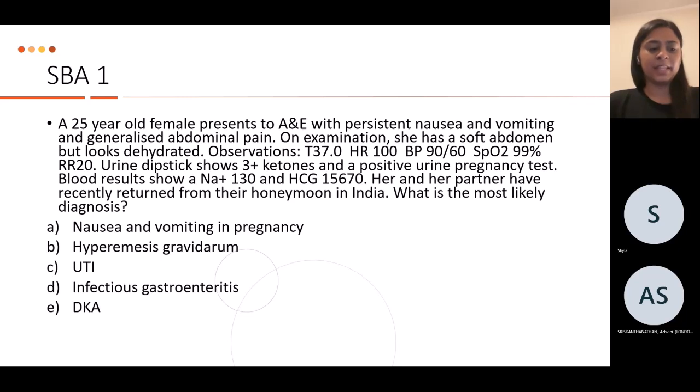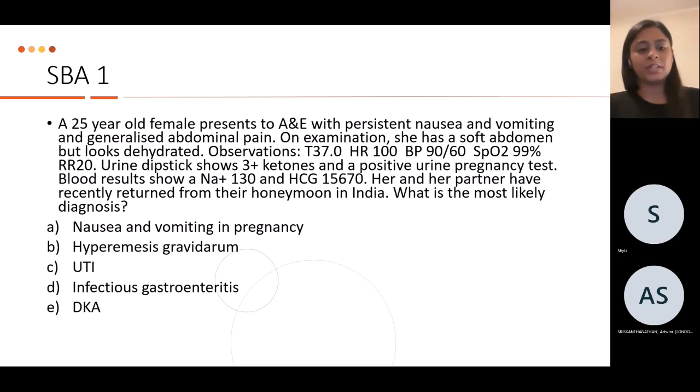So this is the first SBA. The poll should be open now. It's about a 25-year-old female. She presents to A&E with persistent nausea and vomiting and generalized abdominal pain. On examination, she has a soft abdomen but looks dehydrated. Her observations show a temperature of 37, heart rate of 100, and blood pressure of 90/60.